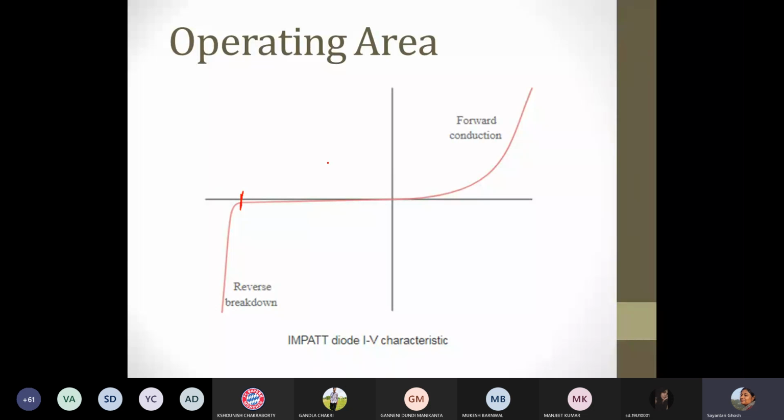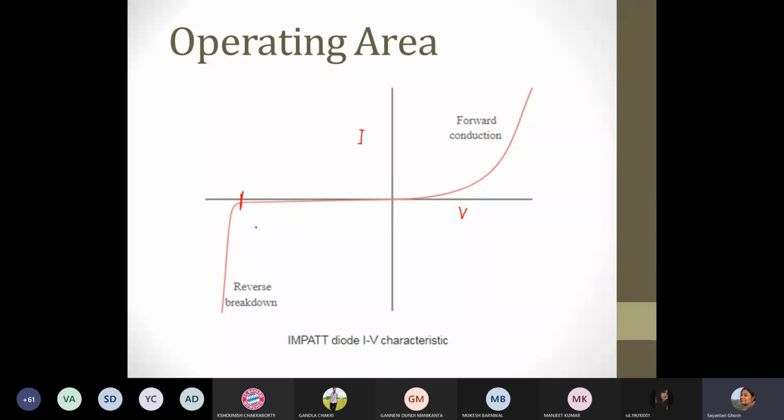This is the IV characteristics of any general diode. IMPATT's characteristics are not different from that perspective. Okay, from that perspective, they are completely equivalent to the diodes that we usually see. So this is I, the current, and this is V, the voltage. This is the IV characteristics of a diode that you are familiar with. Okay, so this is the exponential growth. On the other side, for reverse bias, you know that a very small current flows, but beyond a certain voltage, we see breakdown.